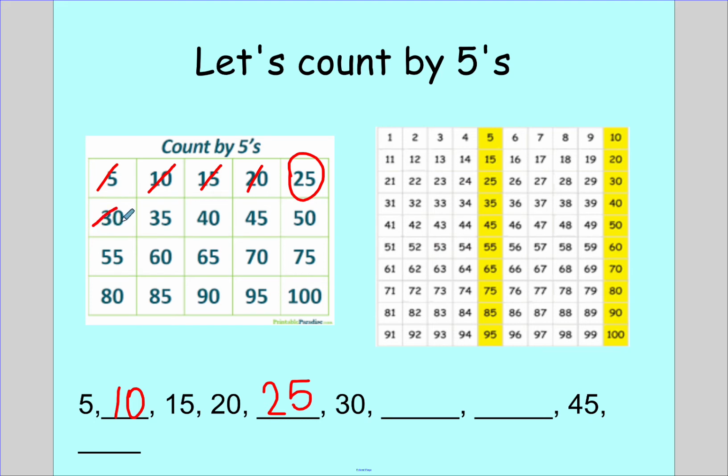And the next number I need is 35. After 35 is 40. And then we have 45. And we are missing 50.